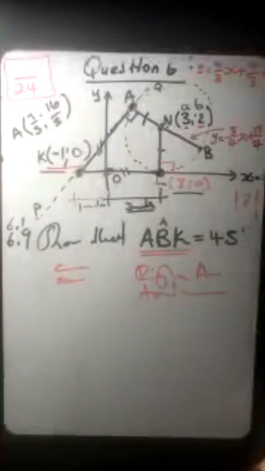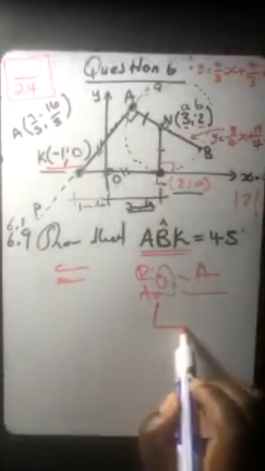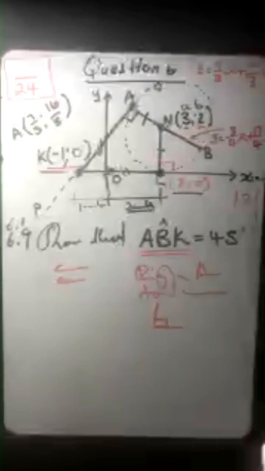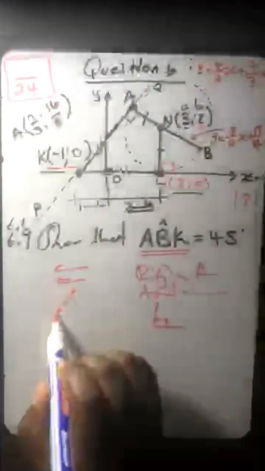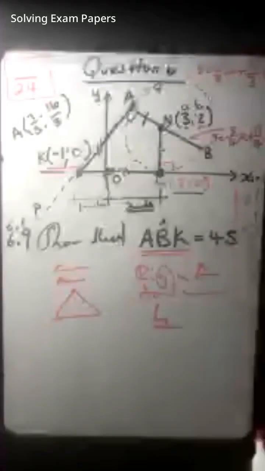What makes it a right-angled triangle? That's if one of the angles is 90 degrees. But if it's just a triangle and none of the interior angles is 90 degrees, then you know it's not a right-angled triangle. So now, how do we know it's a right-angled triangle? We have been told that this line is perpendicular to that, meaning they form a 90-degree angle there.